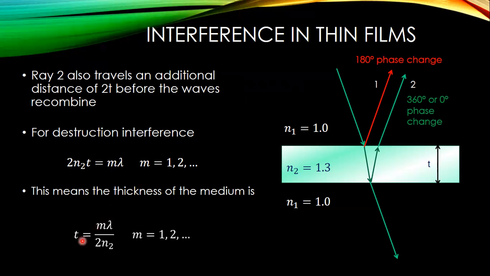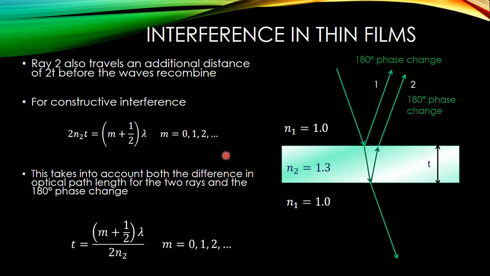Or basically, if the thickness is equal to some integer times the wavelength divided by the index, remember the wavelength divided by the index is the actual wavelength of light inside the water. Again, destructive interference. So let's take m equals 1, the wavelength divided by 2 means that if this is half a wavelength thick, we are going to get destructive interference. That's half a wavelength for the light traveling through this water.